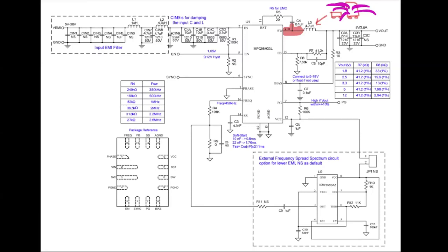And the second part that is very important is this one. If you consider here that this is the input voltage, and we try to draw a simplistic idea of the DC-DC converter, something like this, the switching node is here, and this is the ground. Let me draw in this situation.